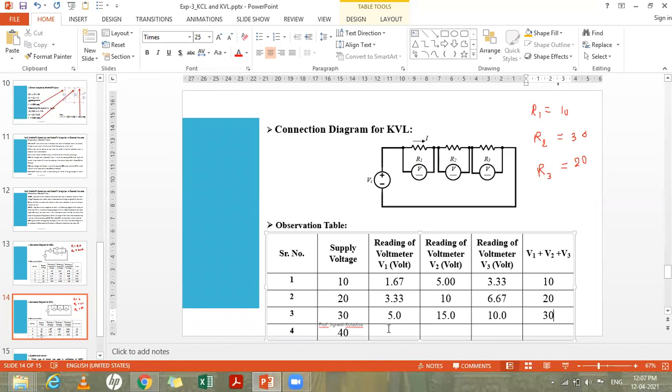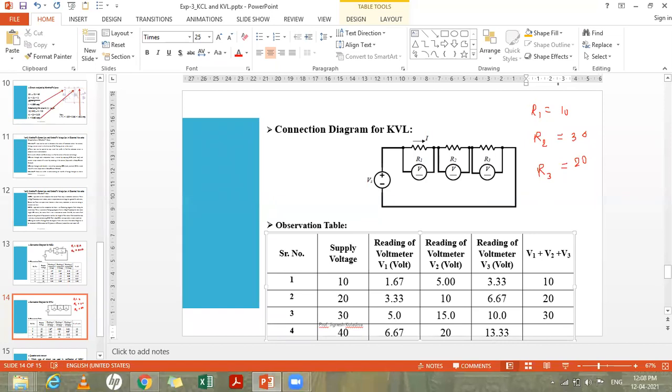Okay, now tell me the last reading. 6.67, 20, and 13.33.